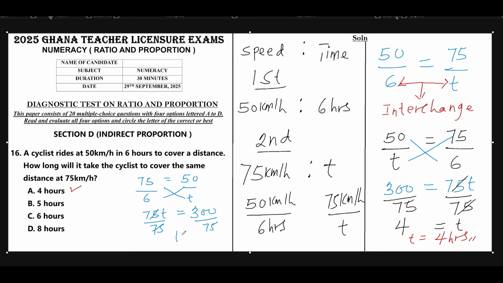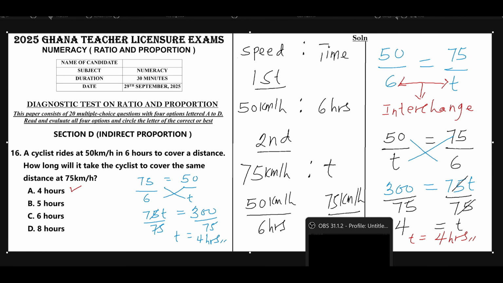So we have t is equal to 300 divided by 75. We had 4. So here will also give us 4 hours. So as I said, it's a matter of choice. You have to decide which of the quantities to interchange. In all cases, you still get the same answer. So that is for question 16.